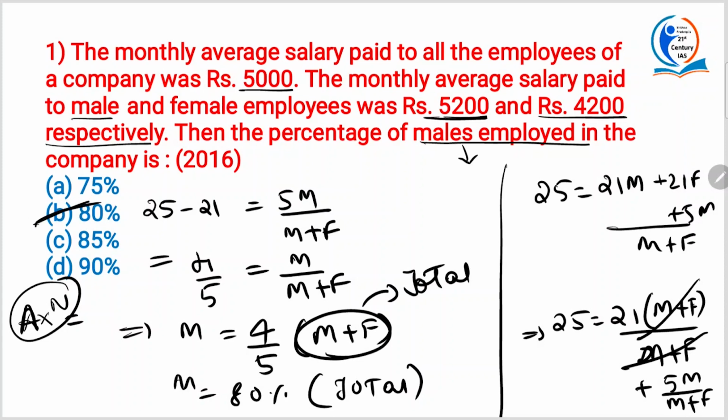So answer is B, 80%. So what is 4 by 5? In percentages, it is 80%. How do you convert a fraction into percentage? 4 by 5 into 100. That is 80%. Alright, so that is what I put here.